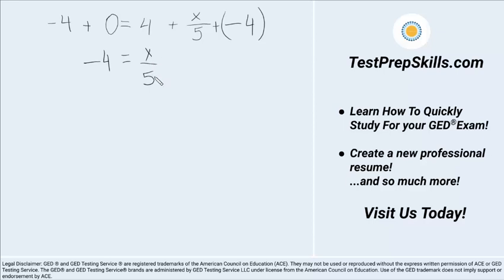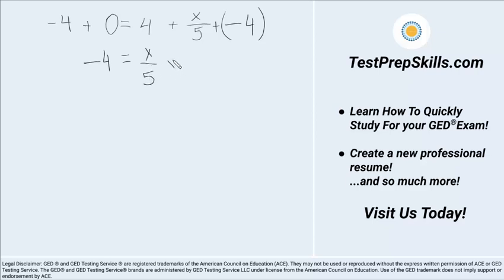So this is x over 5, or we can say x divided by 5. It means the same thing.